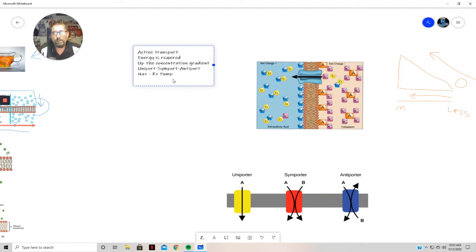It's a huge deal, not only in general, but for instances like how the neurons pass information from one neuron to the next. This is a big part of that. So there's a lot of biological processes that use these pumps, and we're going to use the sodium potassium pump. Na is the symbol for sodium, and K is the symbol for potassium, in case you're wondering where I was getting those words from.